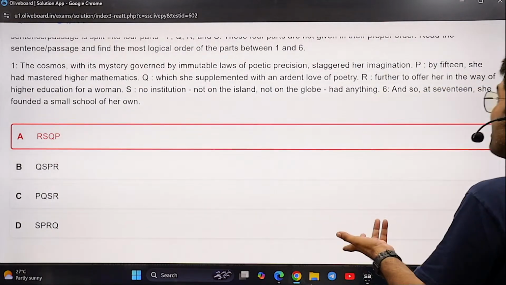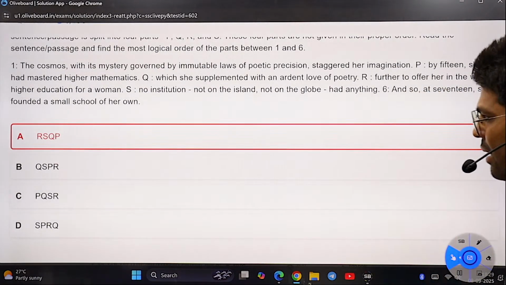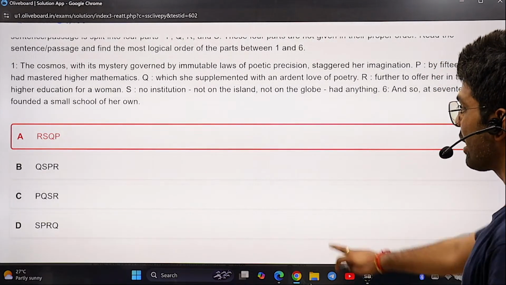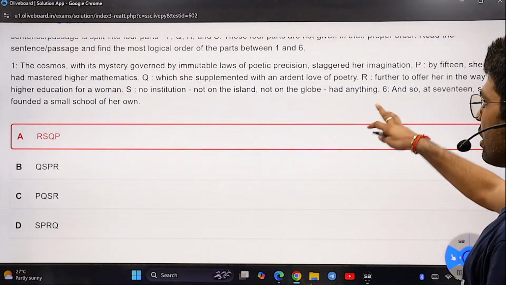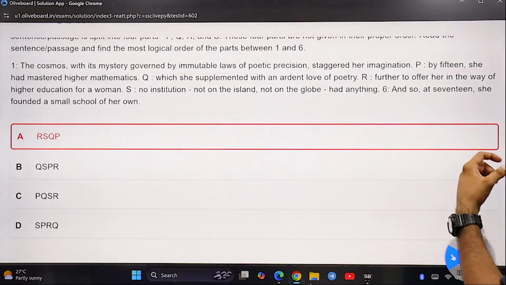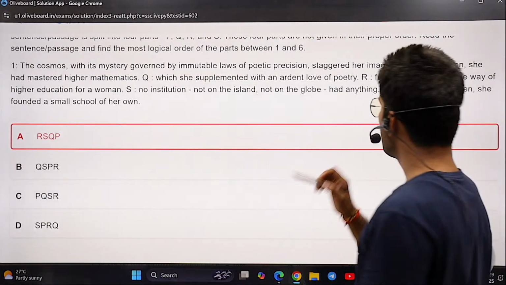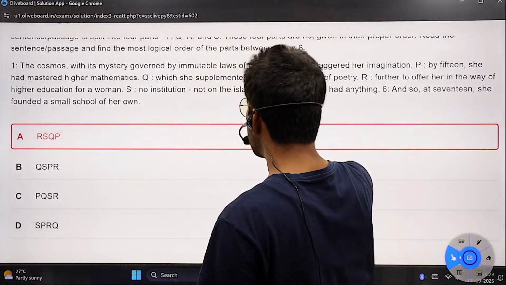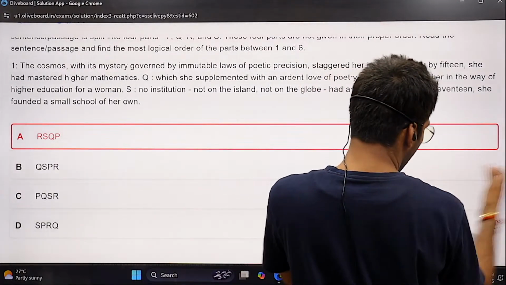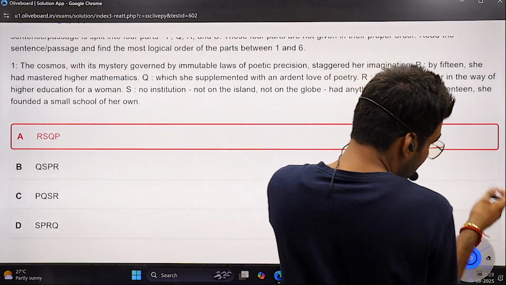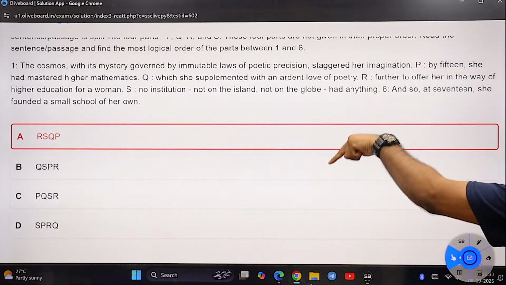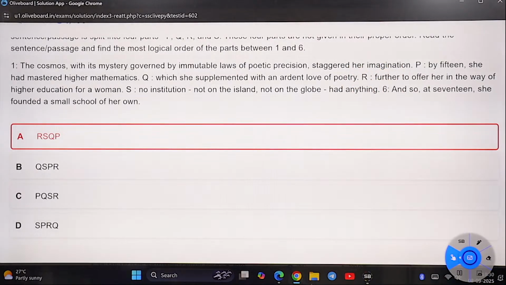An R at the beginning seems good. No, I clicked something else. I started with the S probably. S, then P, no institution. I don't remember what I clicked, but that was wrong, to be honest. Now I can see it better. The problem was no institution had anything which he supplemented. Supplement is like supplementary copies: we have one copy, then another copy which can supplement it, like complement it, that way complete it, will add to that. No institution had anything which she supplemented with a love of poetry. Is horrible.